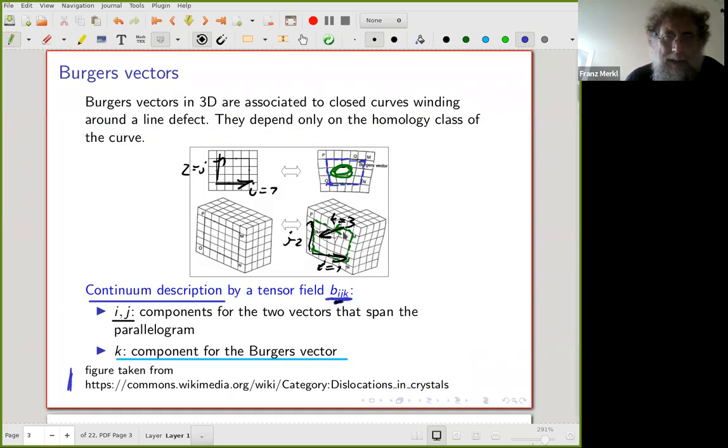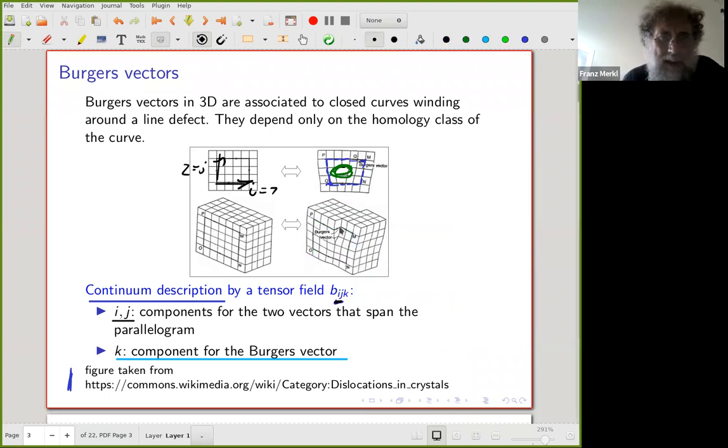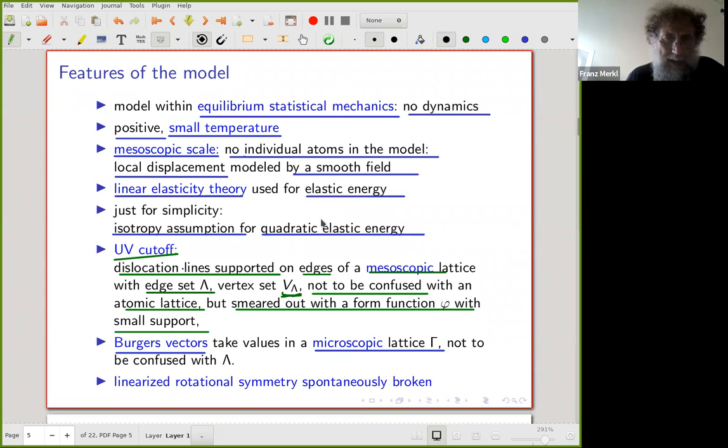So here in this example, the Burgers vector is on the scale of the atomic lattice itself, even if a curve surrounding it might be on a very different length scale.